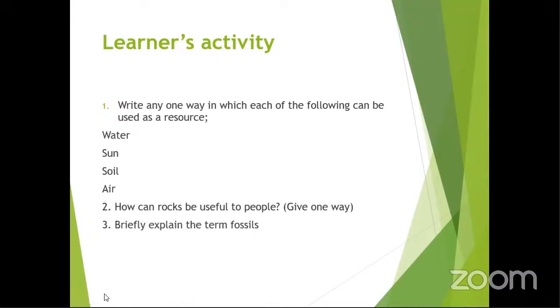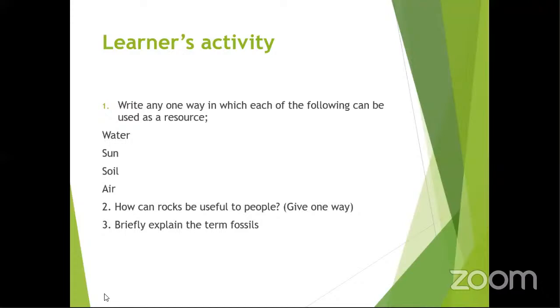Write anyone in which. You first unmute, then you speak. I see your hand up, but okay, let's give a chance to Vanessa.